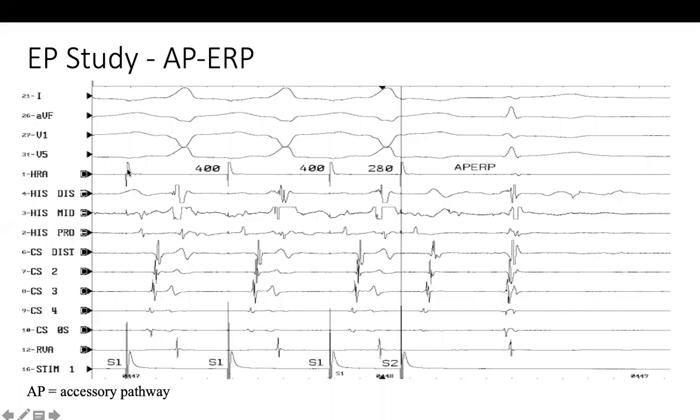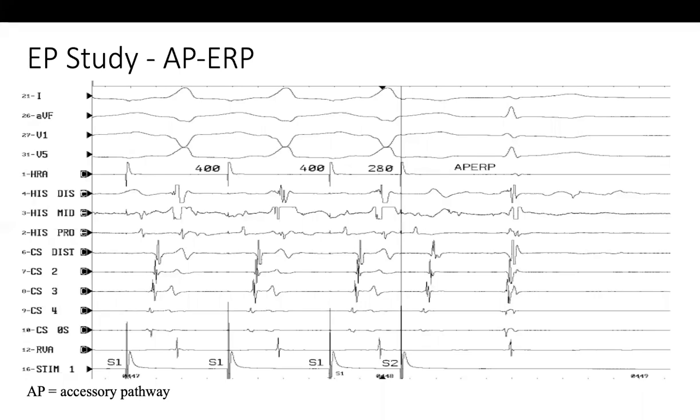Now let us imagine this. If we pace the atrium, and this patient has an accessory pathway, you are expected to conduct to the ventricle through either the AV node or the accessory pathway. Both tissues go from the atrium to the ventricle, and those two structures have different effective refractory periods.